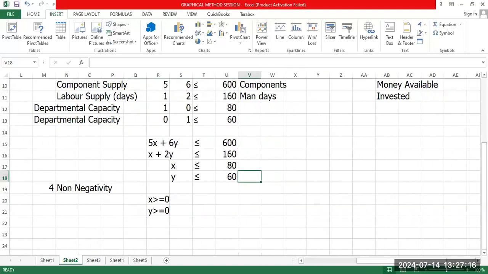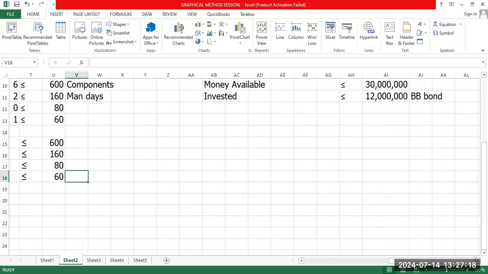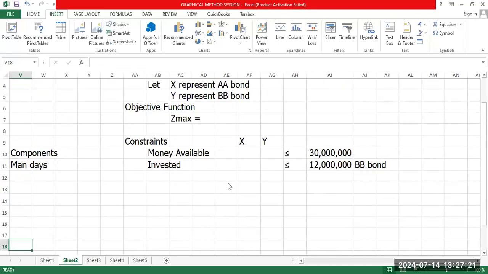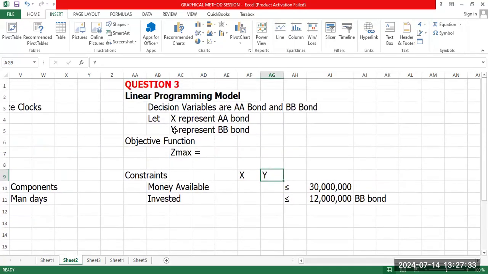What we are trying to do is to see how best we can interpret the question. So here, BB bond is what? Is it X or Y? BB bond is Y. So I can put here just 1 to recall that I'm dealing with the BB bond.